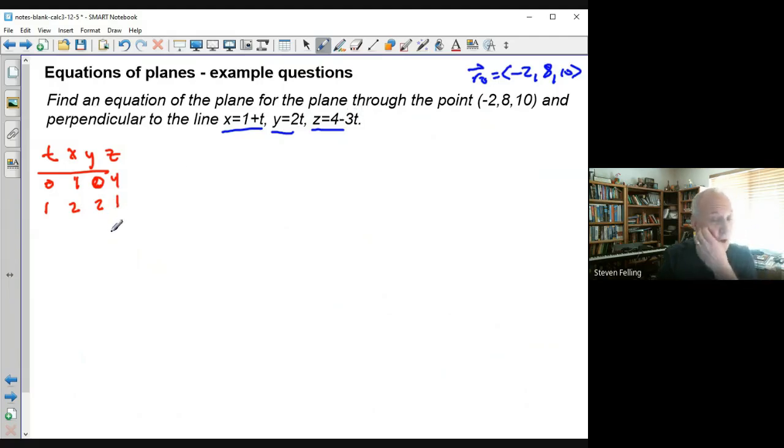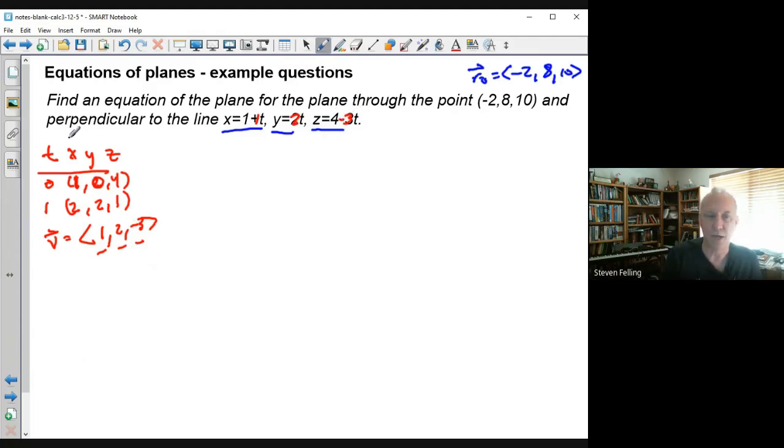And so if I wanted to figure a direction vector between these 2 points, I could do that by just saying that my direction vector v is going to be the difference here, 2 minus 1 is 1, 2 minus 0 is 2, and 1 minus 4 is negative 3. So I want you to notice that the x, y, z components of the direction vector just happen to be the multipliers of the parameter here, right?